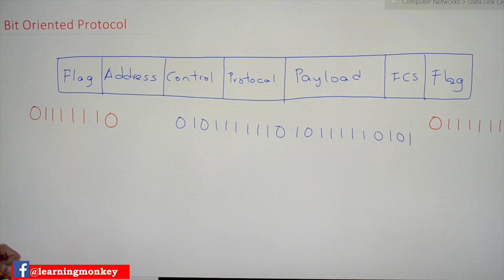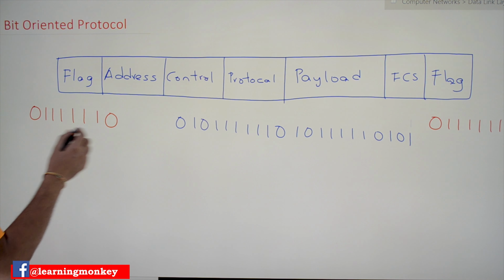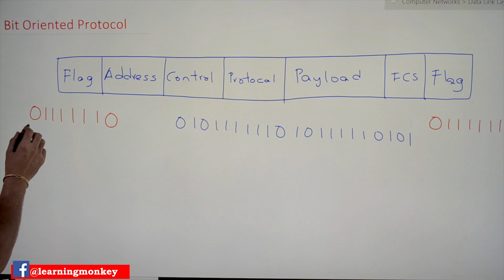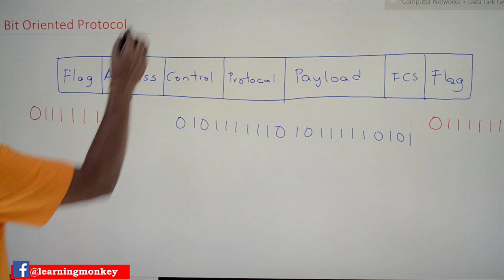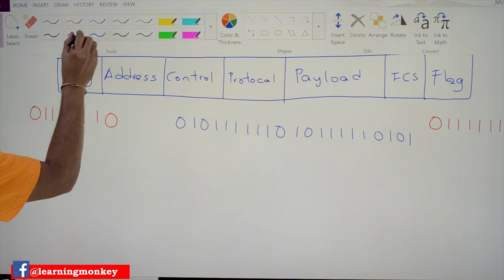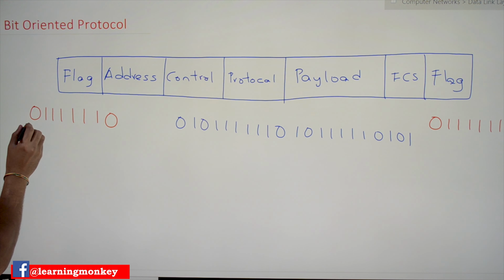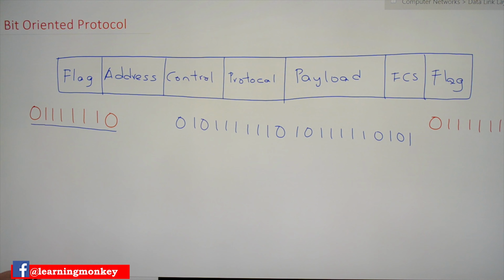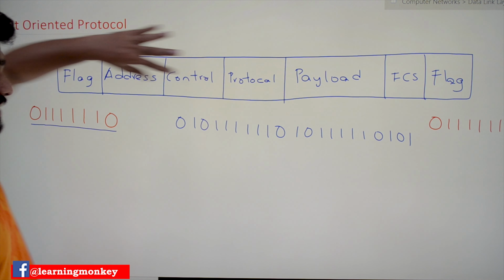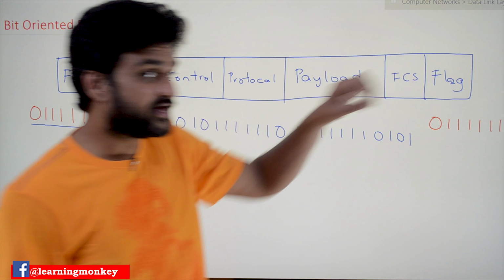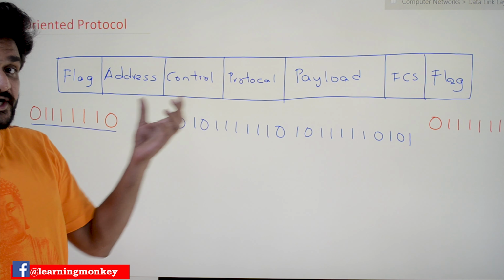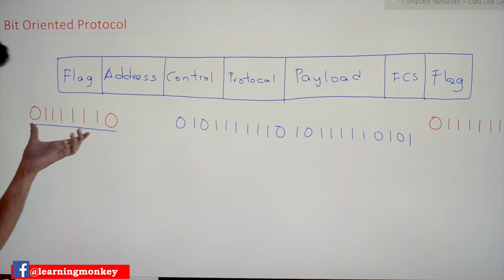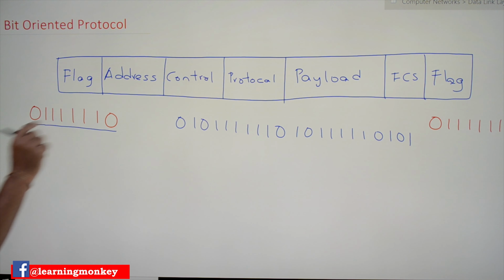So now these are the delimiters that are used in the bit oriented protocol. This is the flag sequence of bits that are used by the protocol. The sequence of bits is 0 followed by 6 ones and ended with a 0. This is the starting flag and this is the end flag. Whenever the receiver identifies the first sequence of bits, it is going to identify the 8 bits.